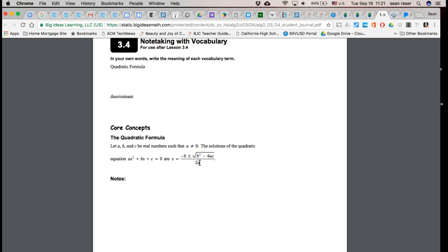The common mistakes people make are forgetting the negative sign or not multiplying correctly with the negative, and the order of operations, not doing things in the correct order. So it's just basic arithmetic. You just have to make sure that you go one step at a time in order to solve it.